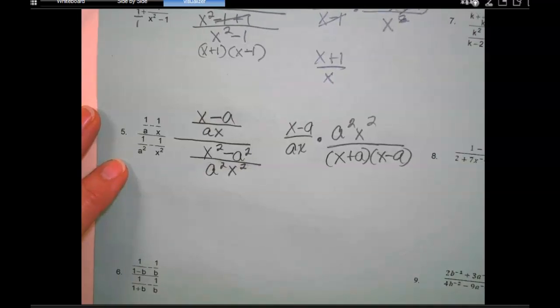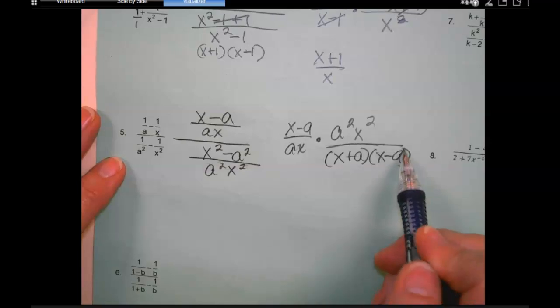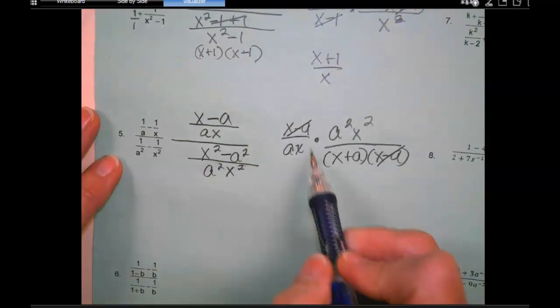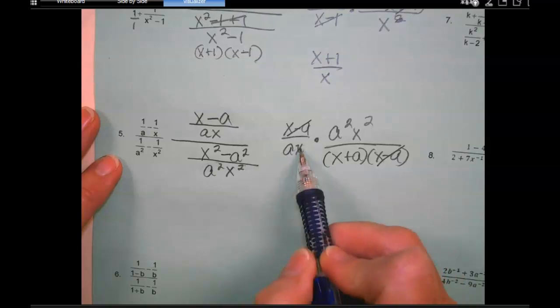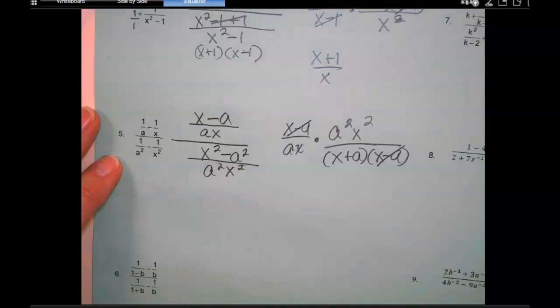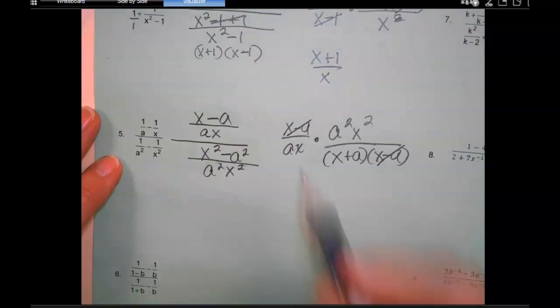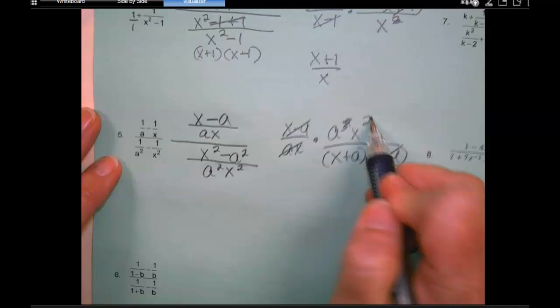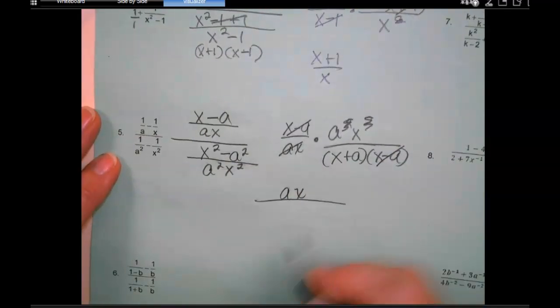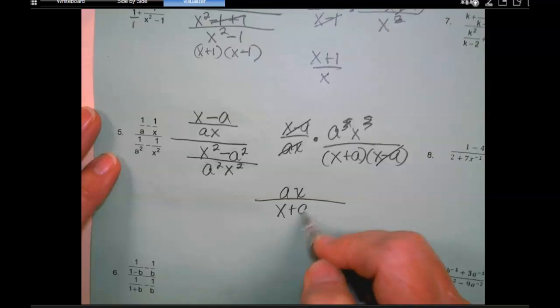Okay. So now, what can I cancel? X minus a. Can I cancel the ax, and I can cancel one of these? I have 2 and I have 1 on bottom, so we cancel one of them. Okay? So I'm going to do that. So my answer is going to end up ax over x plus a.